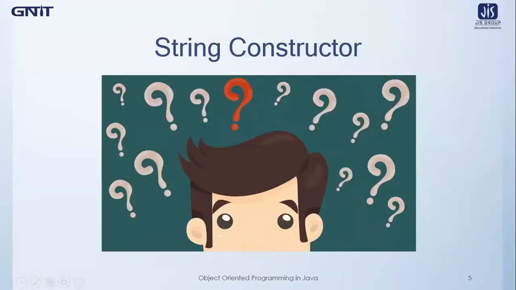Next, we are going to learn about String class constructors. The String class supports several constructors. To create an empty string, you have to call the default constructor, just as I have shown you. Let me go to the example again.